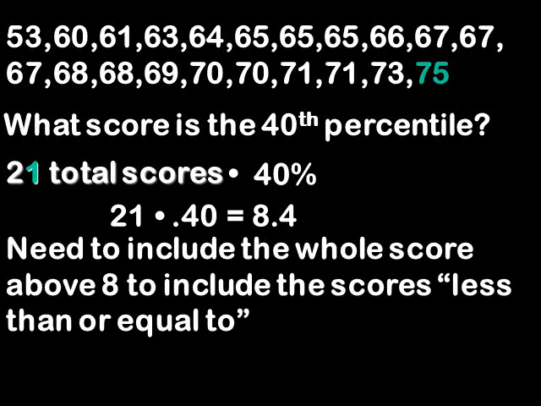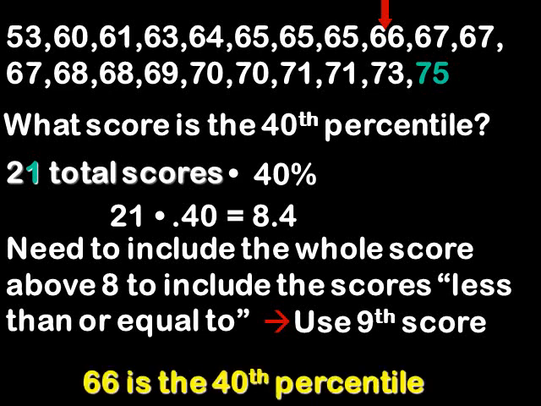You need to include the whole score above 8 to include the scores less than or equal to that value. So now we're going to use the 9th score, which is going to be a 66. So 66, once we add that 75, is going to be in the 40th percentile.